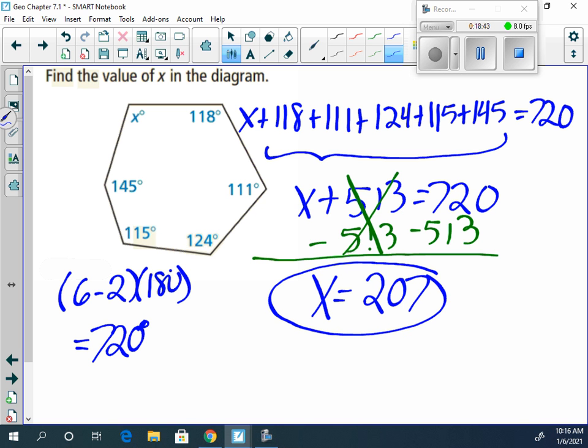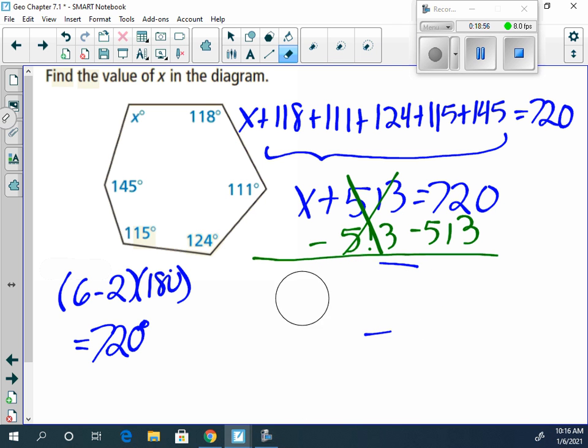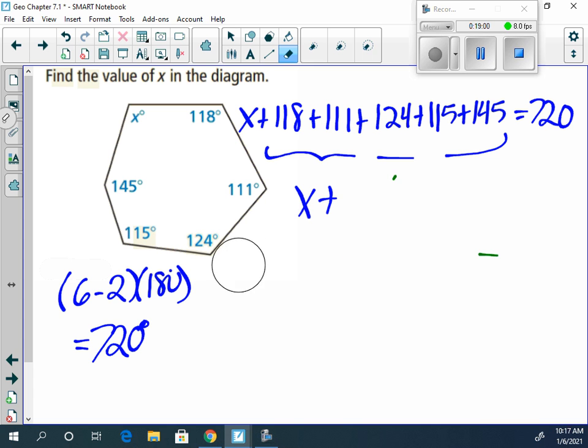I want to see that again. 118 plus 111 plus 124, 115 plus 145. I didn't think that was right. That looks really big. Can anybody double check what all those numbers added together are? Yep. It should be 613. I was off.